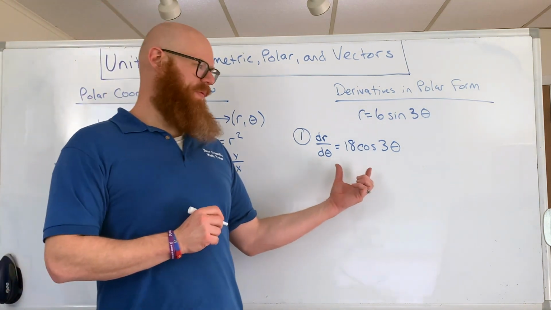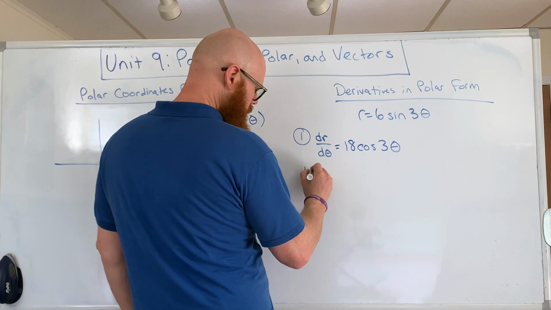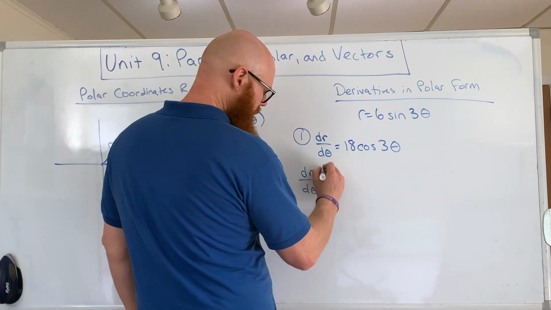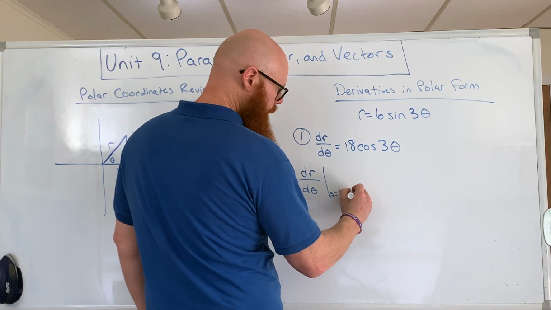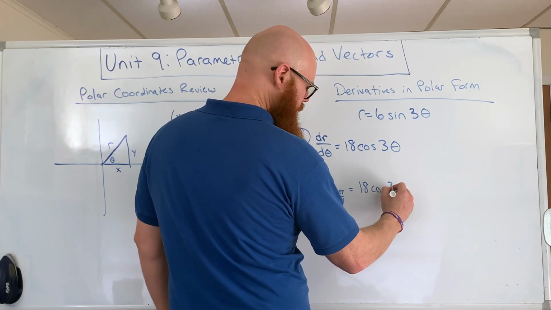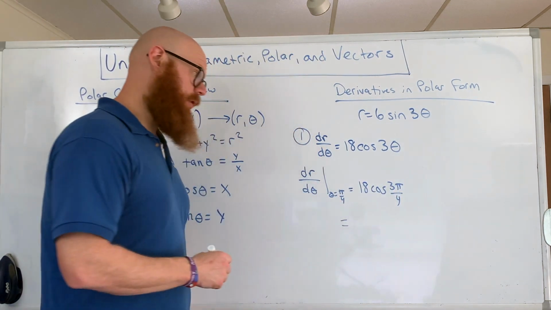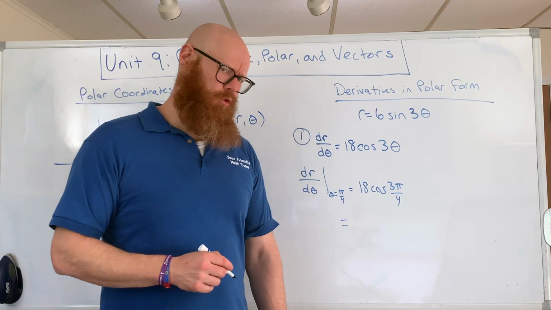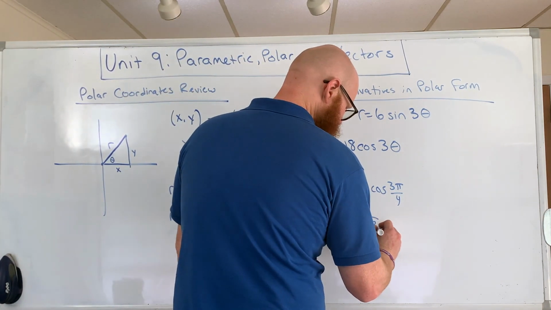It's important to understand what that is telling us. So let's say we had to evaluate that at theta equals pi over 4. That would just be 18 cosine 3 pi over 4. Cosine of 3 pi over 4 is negative root 2 over 2, so that's negative 9 root 2.